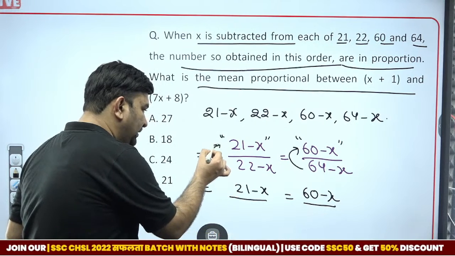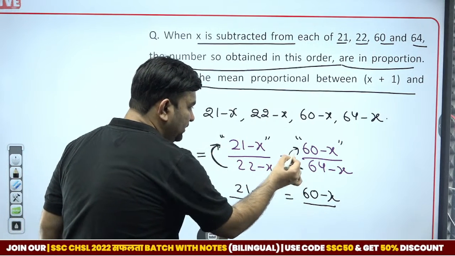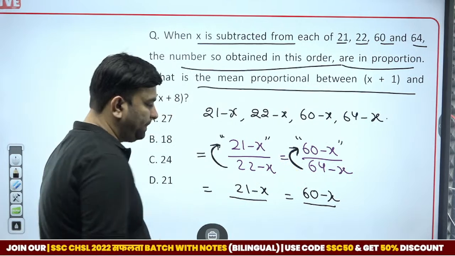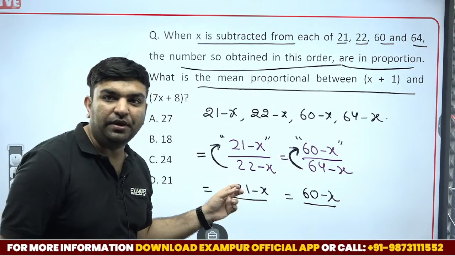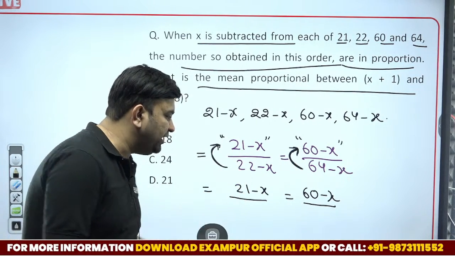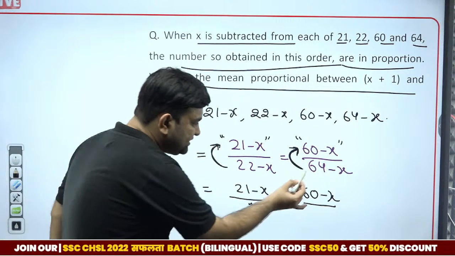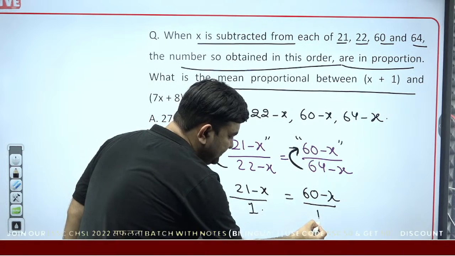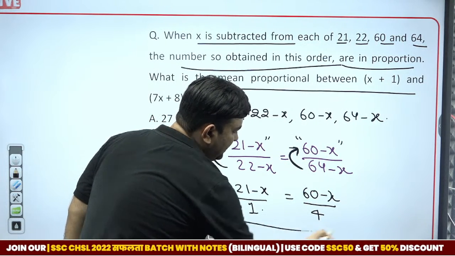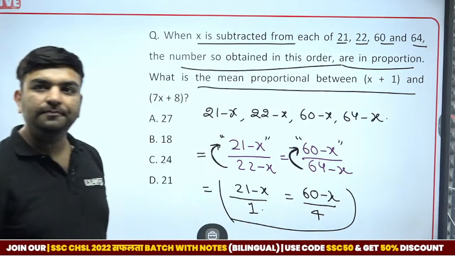I am doing denominator minus numerator. 22 minus X minus 21 minus X is 1. 64 minus X minus 60 minus X is 4. Now it becomes a pretty solvable problem.